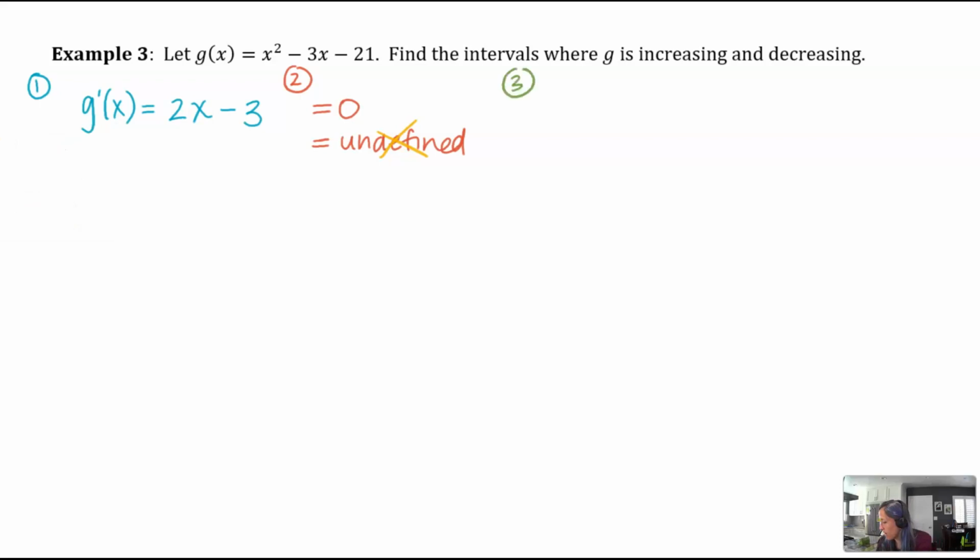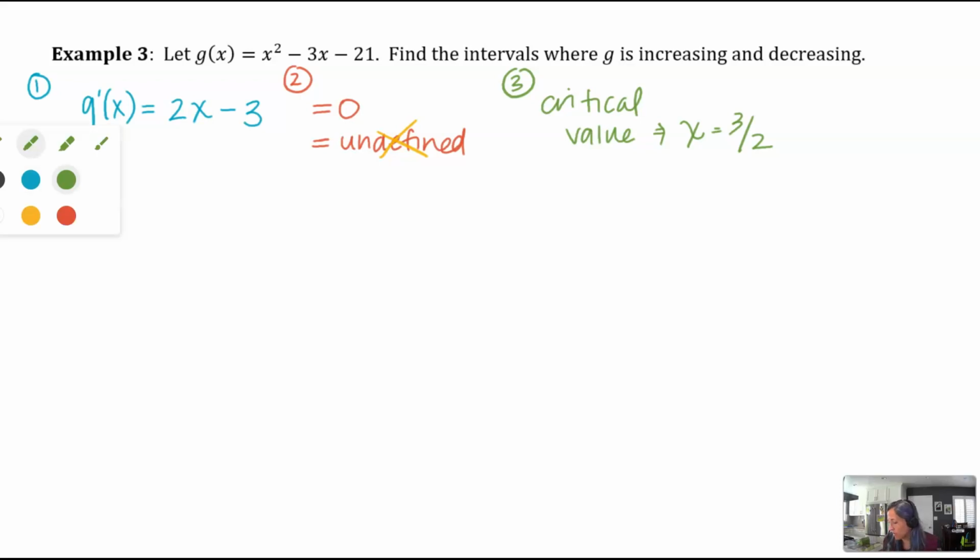Our critical values are, ooh, I can spell. Critical value, there's only one, and it was when x is equal to 3/2. Boom. So you could solve that set equals 0. Right? This is just going to be our x-intercept of our function, our derivative function.